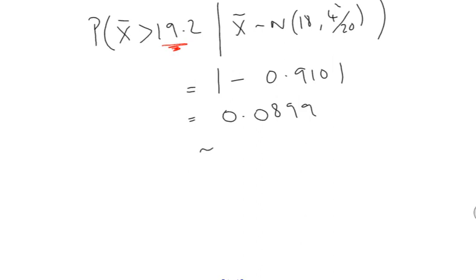So that's of the order of 9%. The significance value is 5%, so therefore we do not reject H0. There is insufficient evidence to suggest that the battery life is greater than 18 hours.